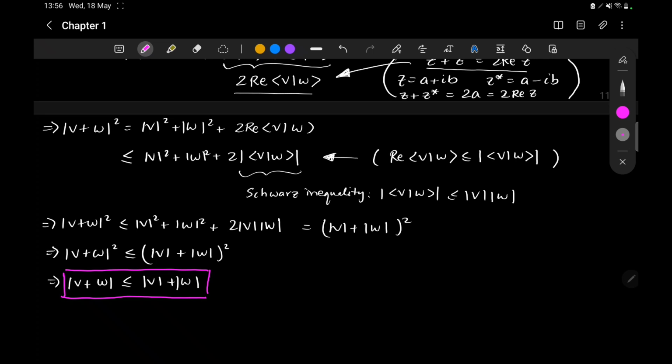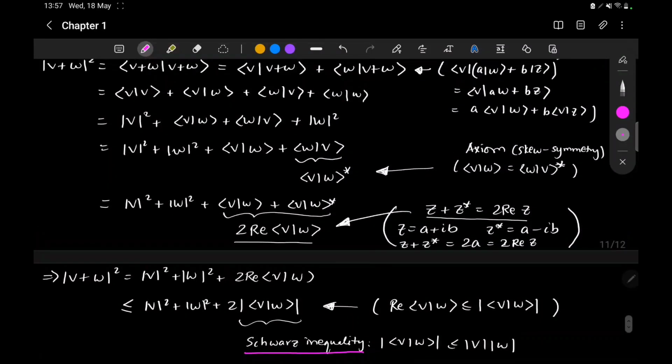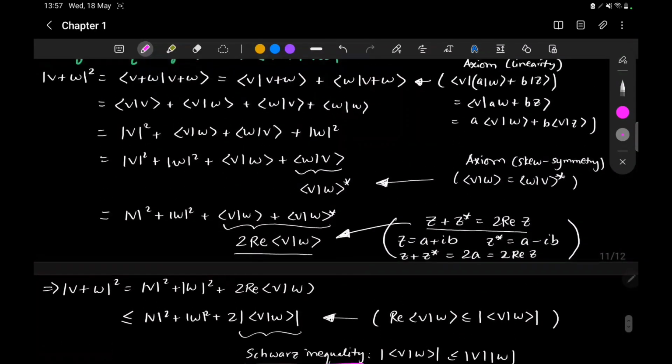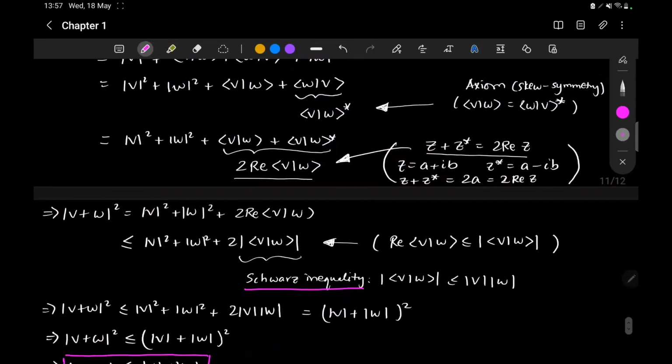Just before proceeding, this was an identity that we used. This is the Schwarz inequality. So the Schwarz inequality we will prove in another video, but before that, this was the Schwarz inequality, pardon me.